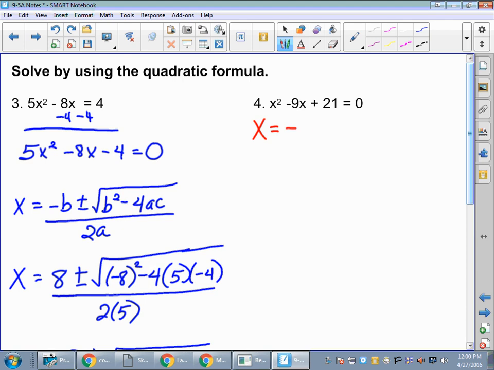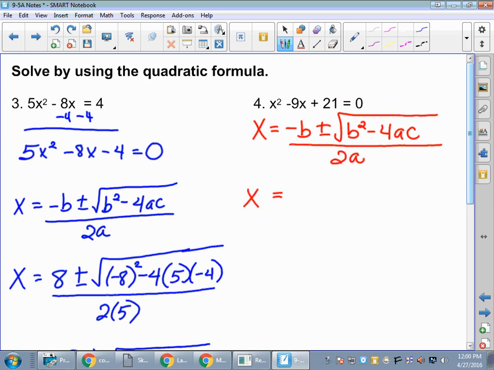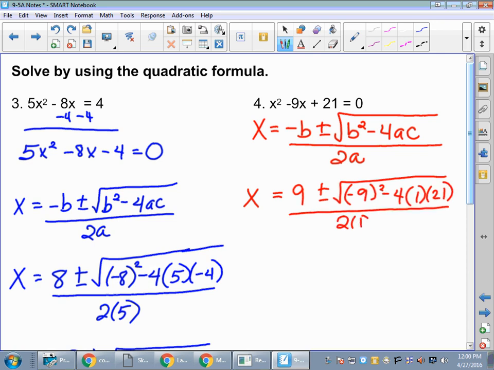X equals negative b plus or minus the square root of b squared minus 4ac all over 2a. The more you work with it, the better you're going to be at it. So my b value is negative 9, so the opposite would be positive 9, plus or minus the square root of negative 9 squared minus 4 times 1 times 21 all over 2 times 1.